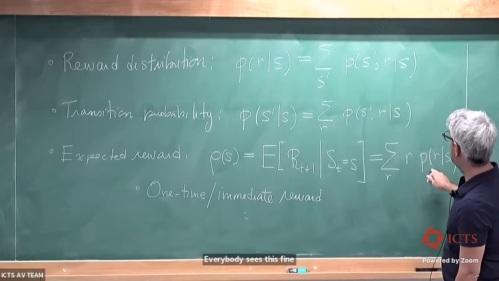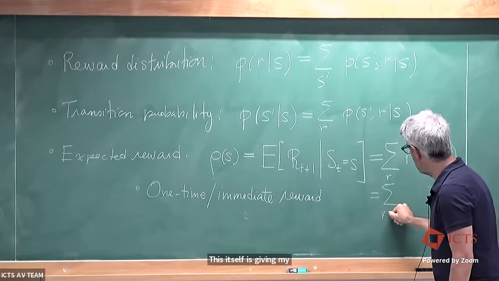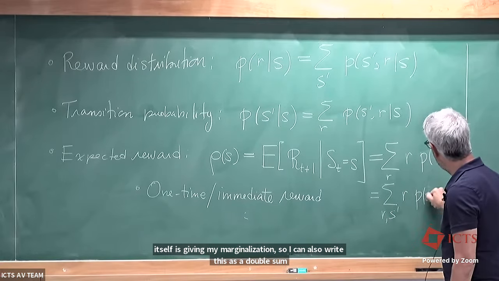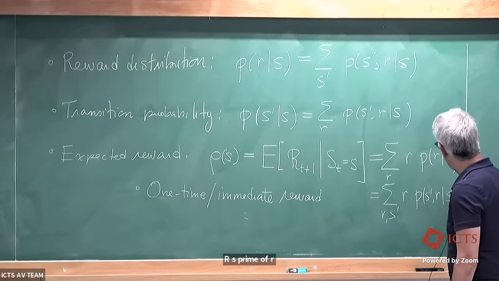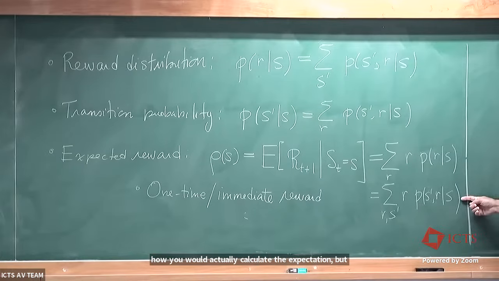This itself is giving my marginalization, so I can also write this as a double sum over R and S prime of R times P of S prime, R given S like this. So this is how you would actually calculate the expectation, but from reduced information that you get directly from the full model. So this is an exercise that we'll always do.